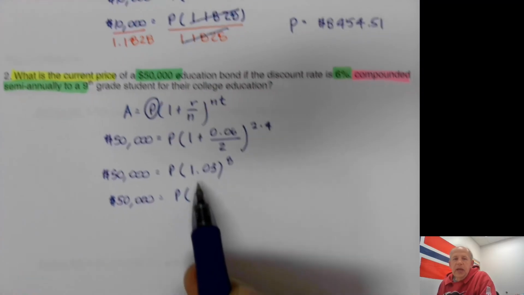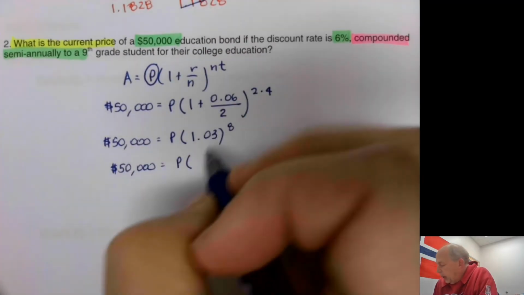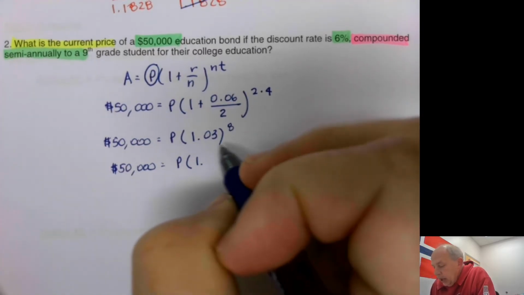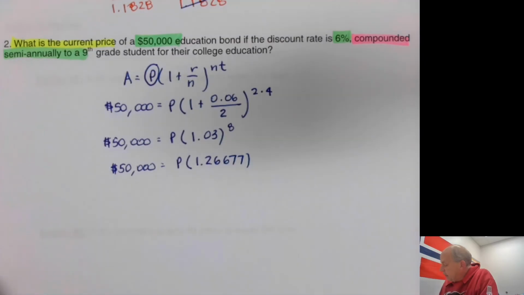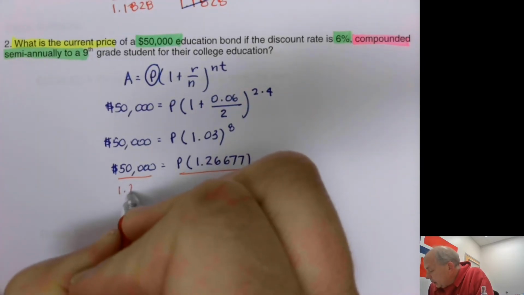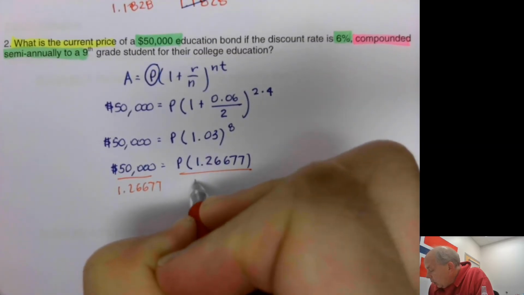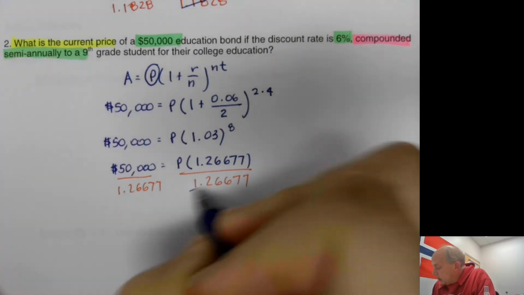I take out my calculator. 1.03 raised to the 8th power is 1.26677. Solving for P, divide both sides through, and that would cancel.